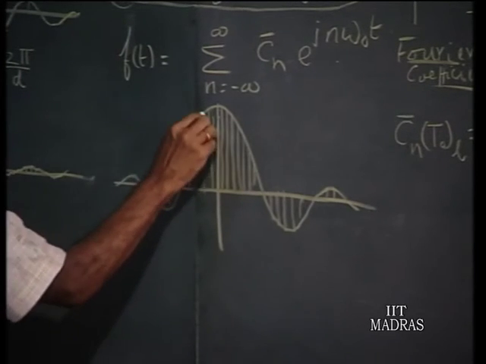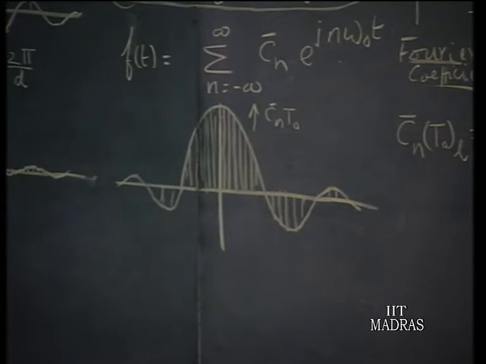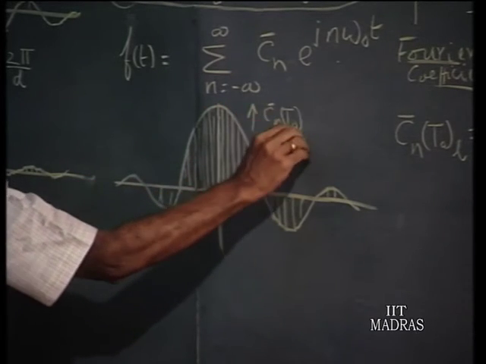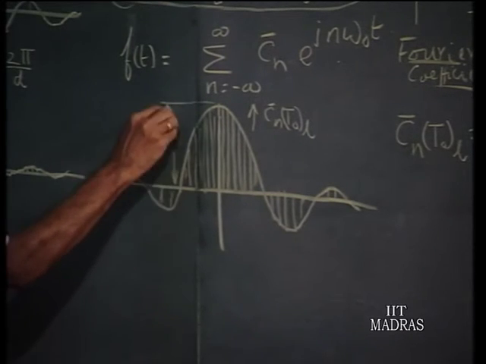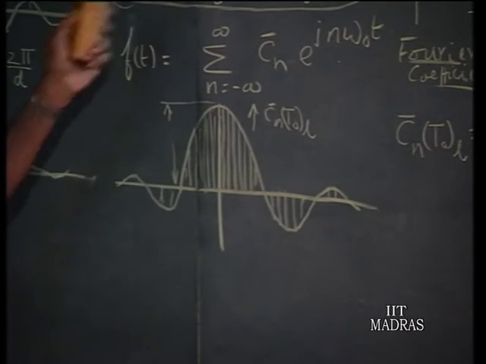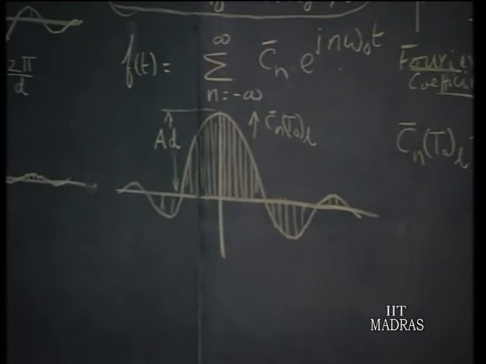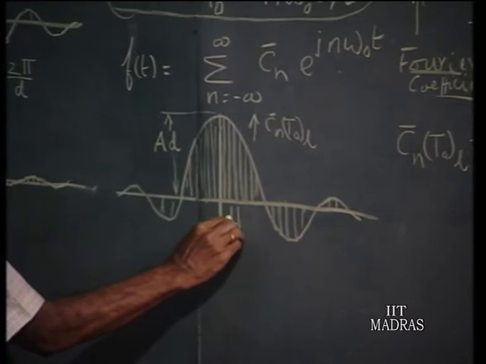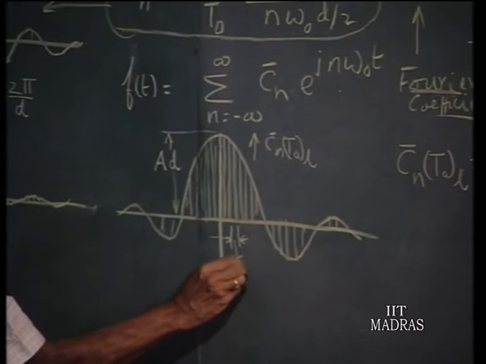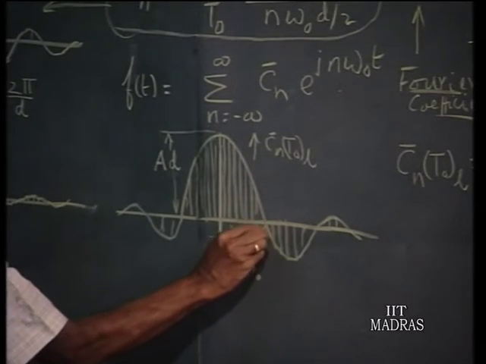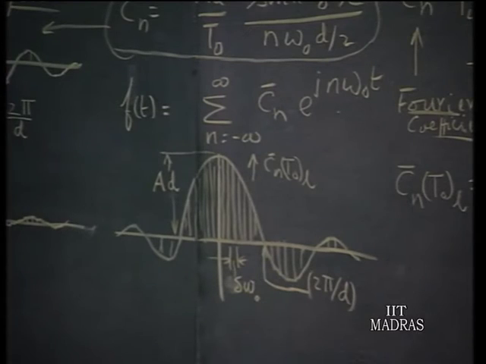What we have plotted here is C n times T naught for large T naught, and the amplitude will be, since A d is multiplied by T naught, this will be A d, and the spacing between two particular lines becomes delta omega naught. And this frequency corresponds to 2 pi upon d, because that is not changing, d is the same.